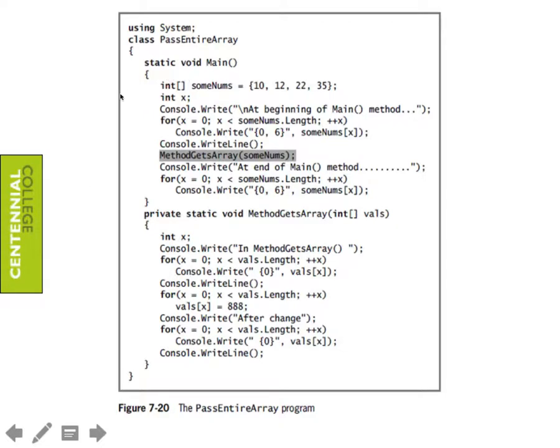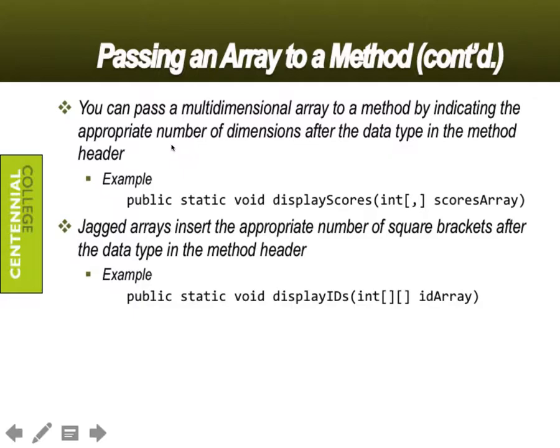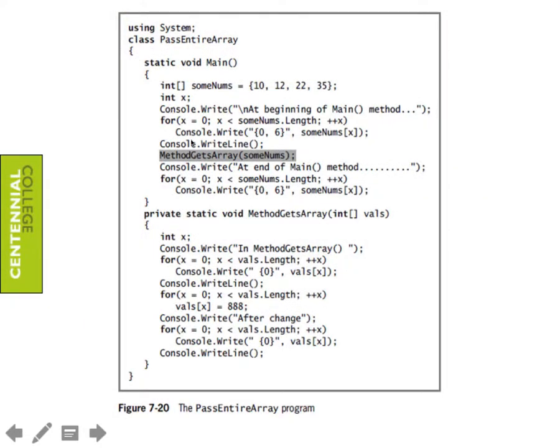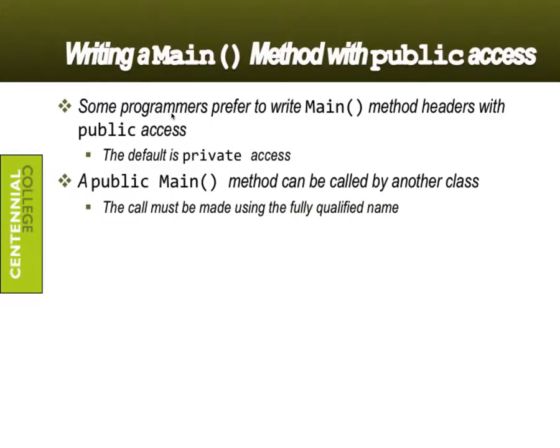Then it's going to go into method GetsArray, which is in here. It's going to jump in here and Console.WriteLine in method GetsArray. And then I'm going to start writing stuff out. It's going to say 10, 12, 22, 35, just like it did before.